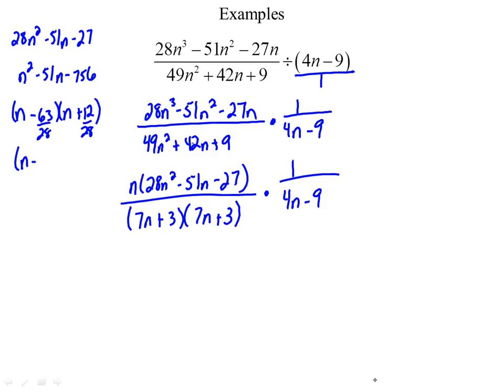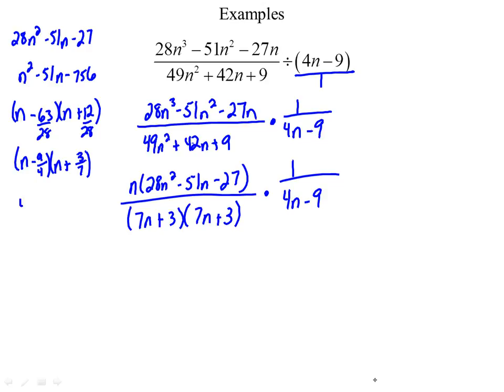So we'll have n minus, I'm going to reduce here. So that's going to be 9 over 4. And if we reduce this one, that's going to be 3/7.